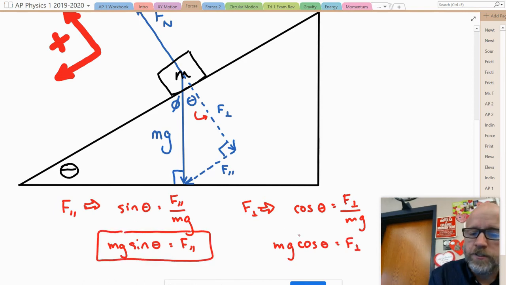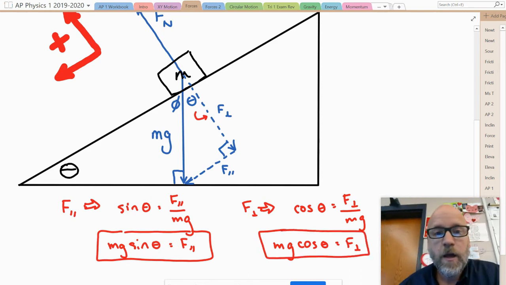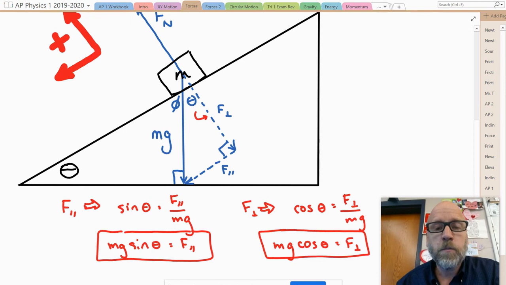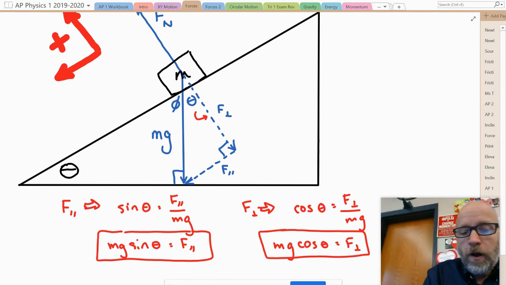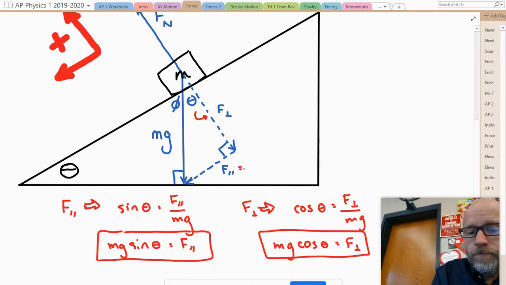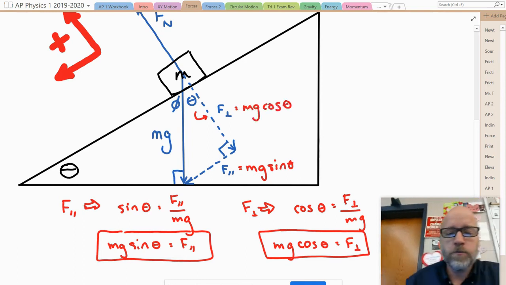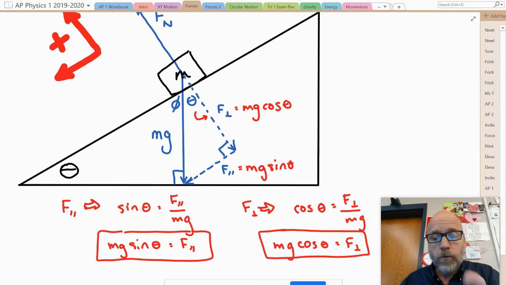So what I've just done is take the vector mg and break it up into its components, where F parallel is mg sine of theta, and F perpendicular is mg cosine of theta. Now, what I've essentially done is replace that mg vector with those two components.